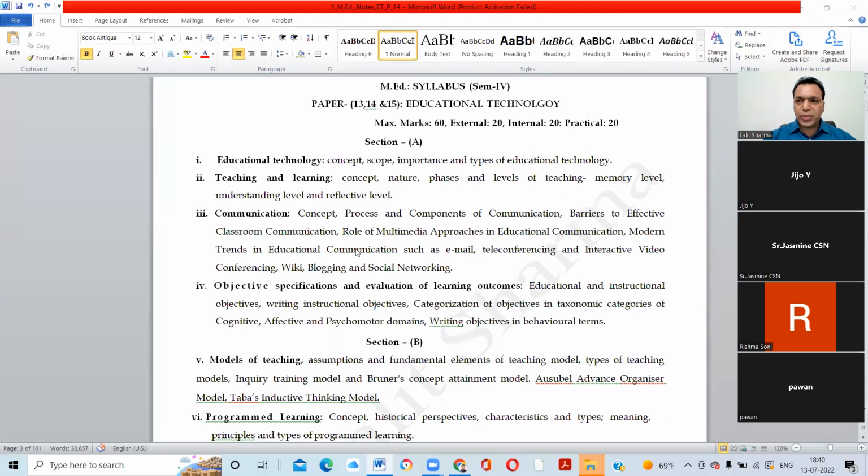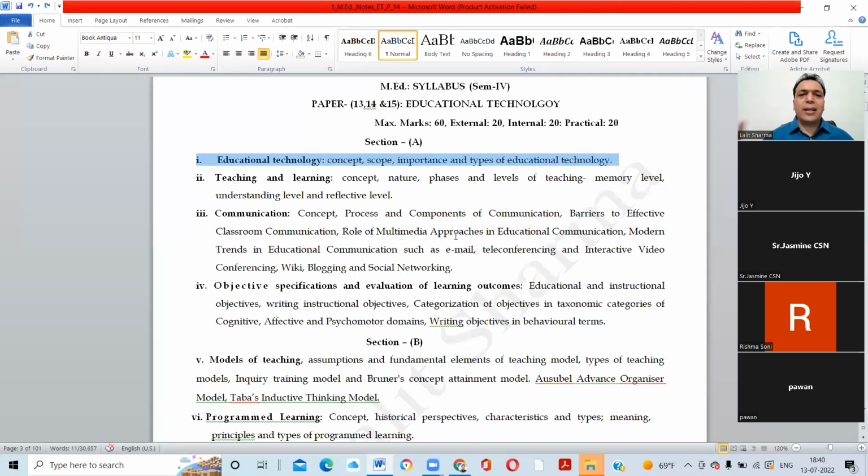Now we have to see our syllabus, Section A. Guys, please write on your copy which 2 questions we have to do. First, please note down: what do you understand by educational technology, its concept, need and importance, and scope of educational technology. Sometimes it also comes with types of educational technology.